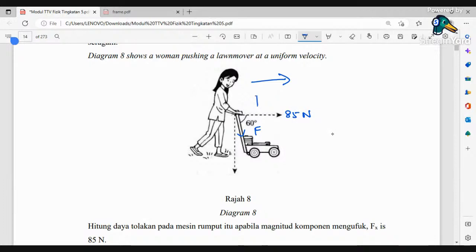So the resolution is F cos 60. Meaning F cos 60 equals, okay, resolve this force F. F cos 60, the horizontal one. Kalau you nak yang vertical one is F sin 60. Okay, so calculate for F. 85 divided by cos 60.